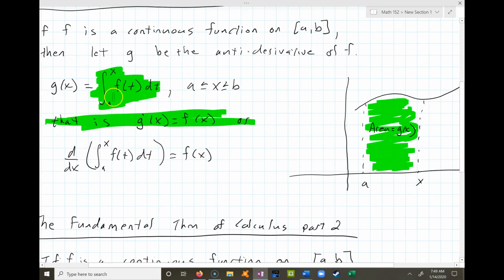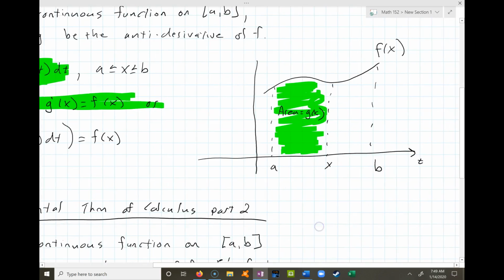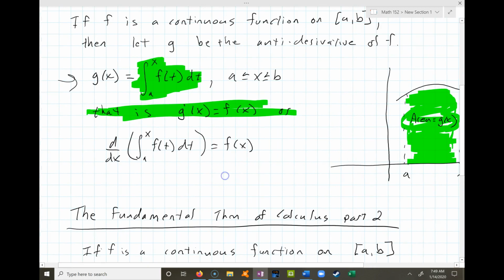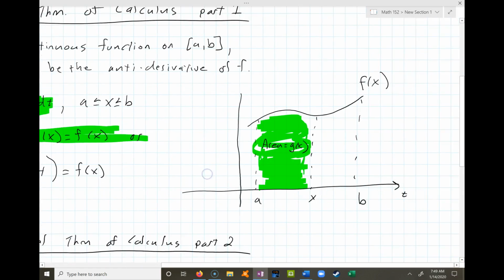If we're taking the integral of f of t dt from a to x, going from a to x, then that is the function g that's defined by taking the integral of f of t, where f, of course, is this line up here.